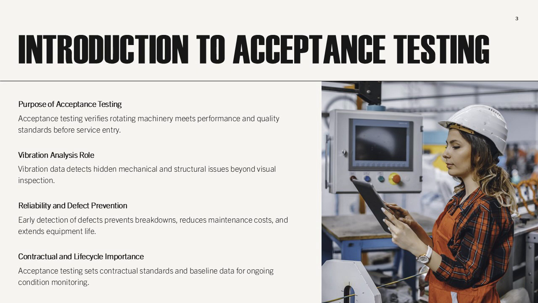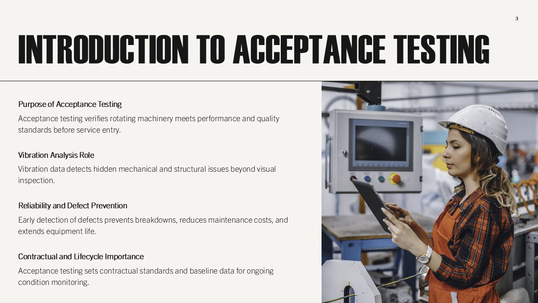If these issues are not detected before startup, they can lead to repeated breakdowns, increased maintenance costs, safety risks, and reduced equipment life. Acceptance testing ensures that these defects are identified and corrected before the equipment becomes operational, when corrective actions are least expensive and least disruptive.